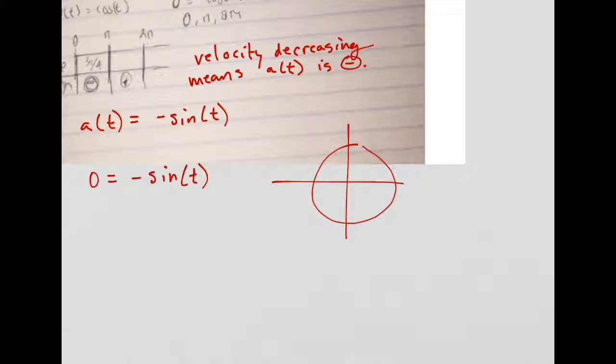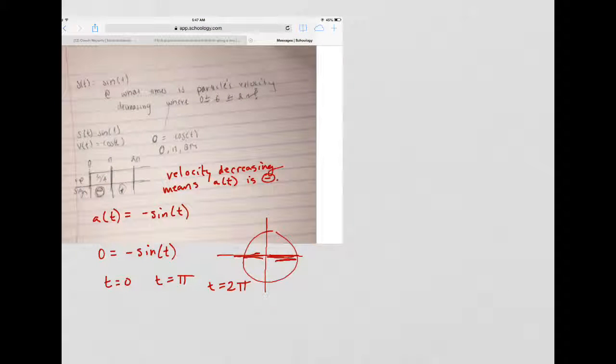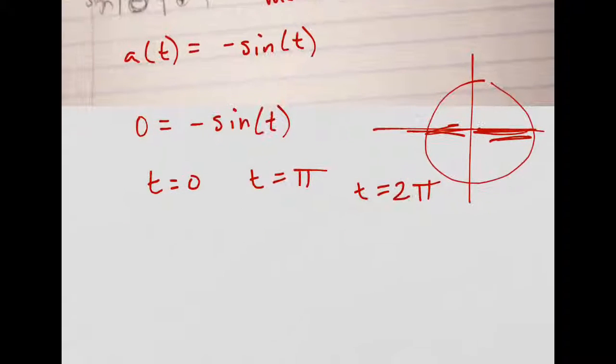Negative sine of t is 0 at the same places where just regular sine is 0. So sine is 0 at t equals 0, at t equals pi, and also 2 pi. And that's all we need to worry about. We don't have to keep going around the unit circle because the problem tells us we don't have to.